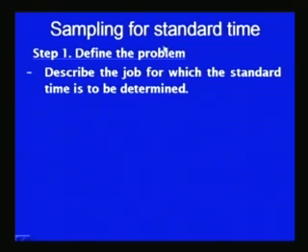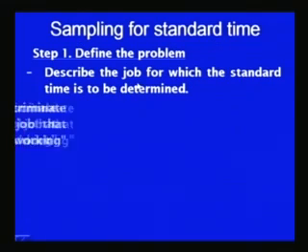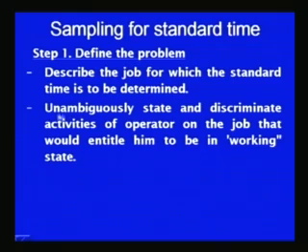If the work sampling is to be carried out for setting the time standard, that is defined first, along with any ambiguous state or the activities of the operator on the job that would entitle him to be in the working state. So, precisely it is defined what are the kinds of activities. If the worker is found to be doing those activities, then he will be considered as working.